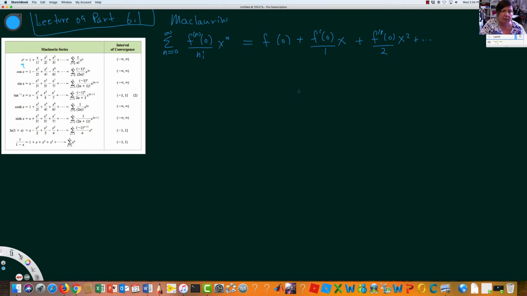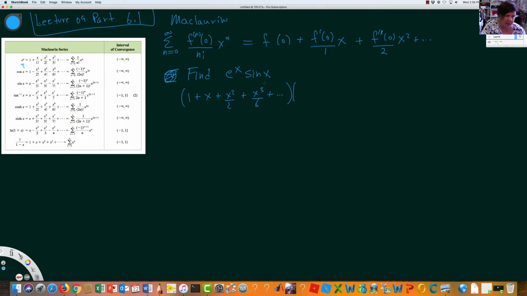Let's look at an example of multiplication of two series. We want to find the series representation of e to the x times sine of x. You already have the series for these two. e to the x is 1 plus x plus x squared over 2 plus x cubed over 6 plus dot dot dot.